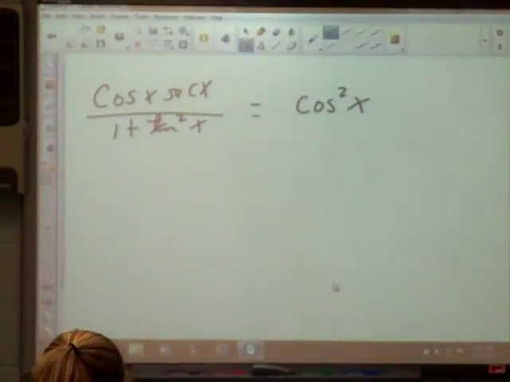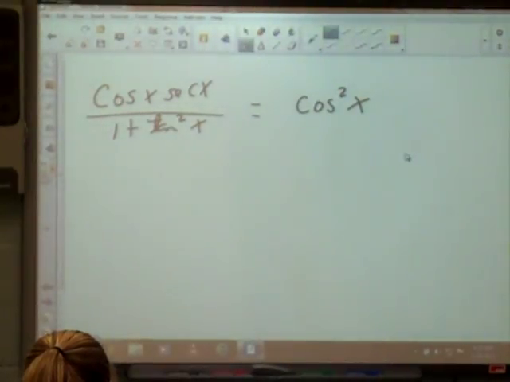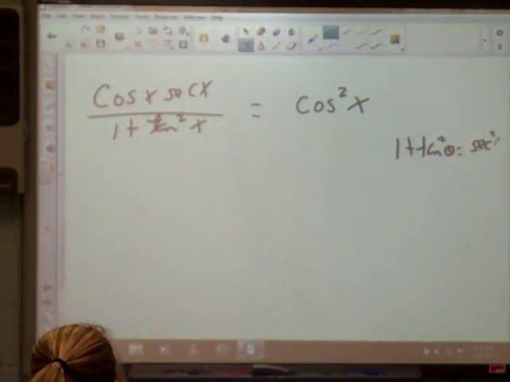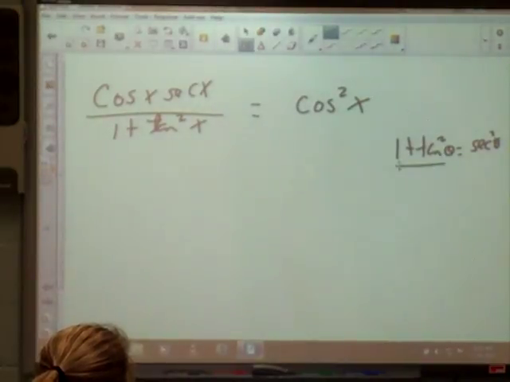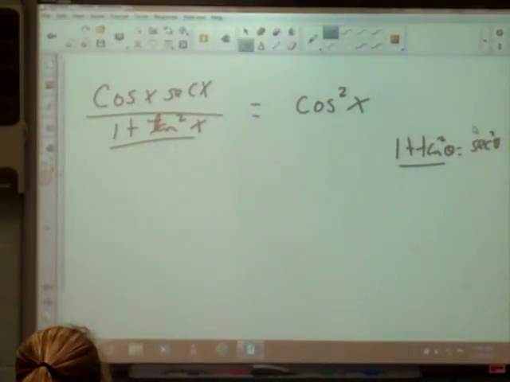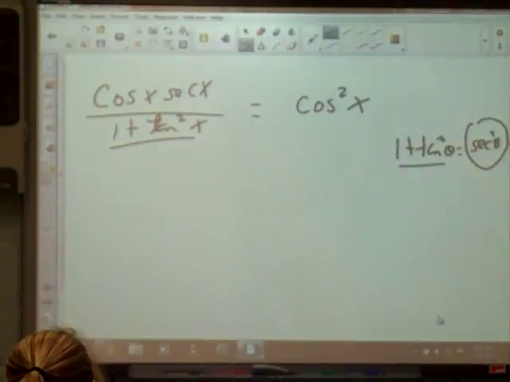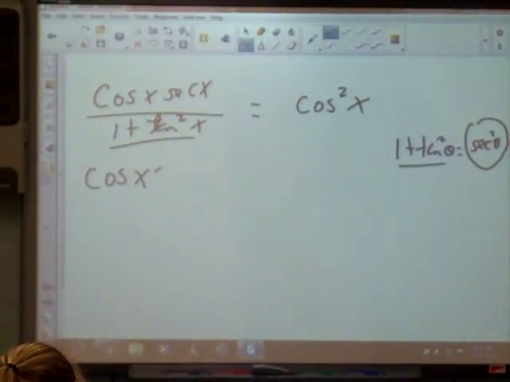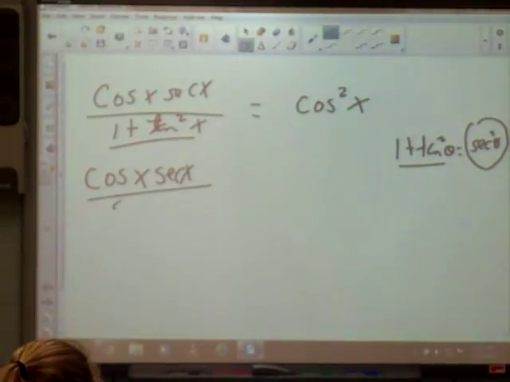Okay, so I've got Pythagorean identities that has a tangent squared in it, says 1 plus tangent squared is equal to secant squared. So that's exactly what that is, isn't it? So I'm just going to put secant squared in its spot. So that's going to give me cosine of x, secant of x over secant squared of x.